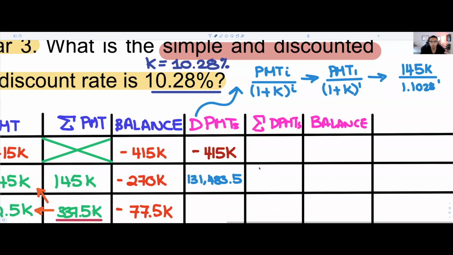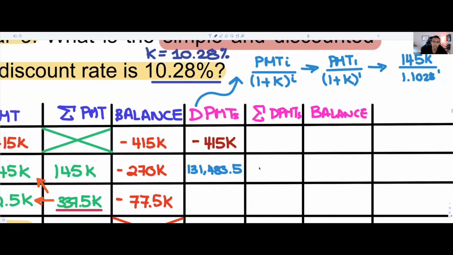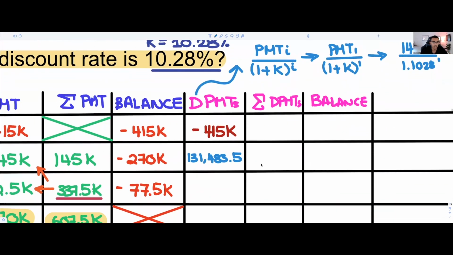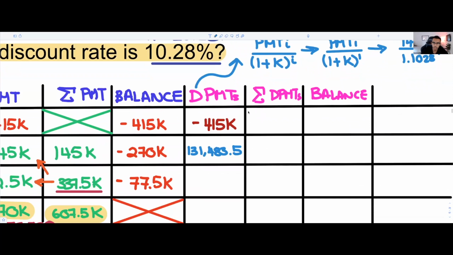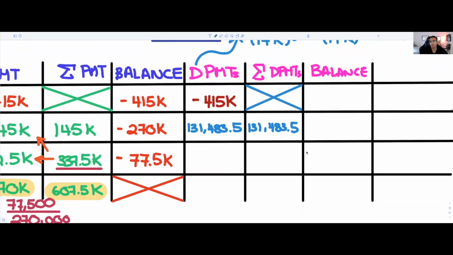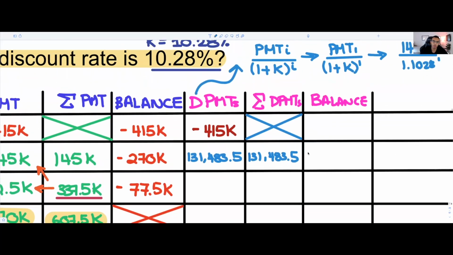That's going to be your discounted payment at that time. By definition, if you're looking at the sum of your discounted payments, you would have the same amount. So I could go ahead and write that. The balance portion I'll do at the end. If I was doing this quickly on an exam, I wouldn't have to run through that.